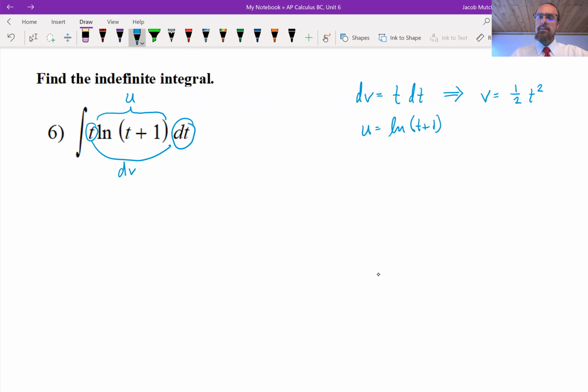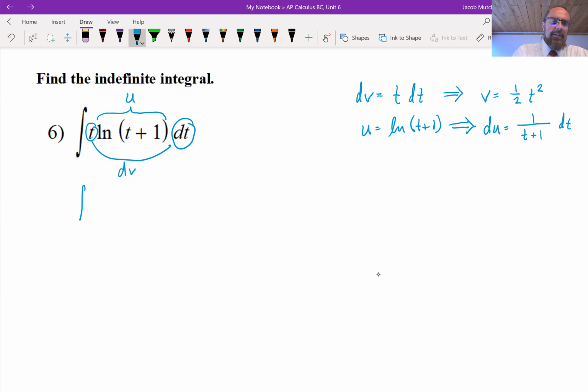And in this instance, I want to differentiate. So du for us is going to be 1 over t plus 1. By the chain rule, there's going to be nothing left when I take the derivative of t plus 1, so we're good on coefficients, dt. So that's ready to set up.